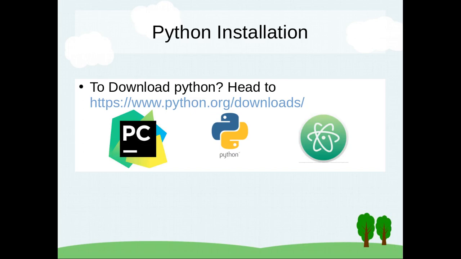And you can also install your favorite text editor: PyCharm, Atom, VS Code, Vim, and the rest of them, right? Whichever you're comfortable with. But for this series, I will be using PyCharm, though not strictly PyCharm. I will also be using the default Python IDE. If you are a complete newbie, a beginner, and you don't know which text editor to use, you can just go with the default Python IDE.